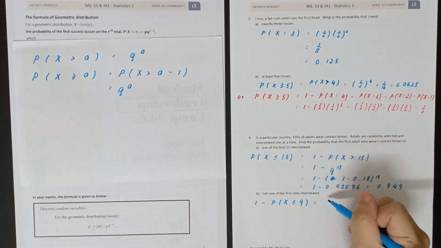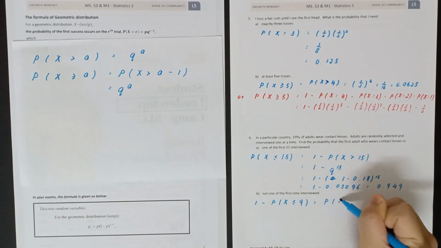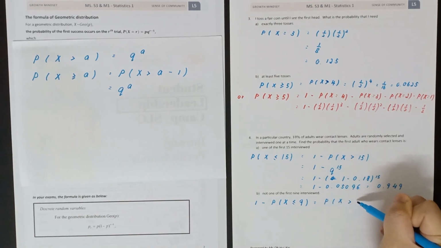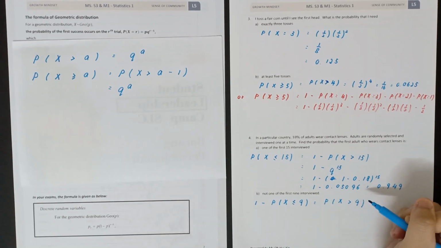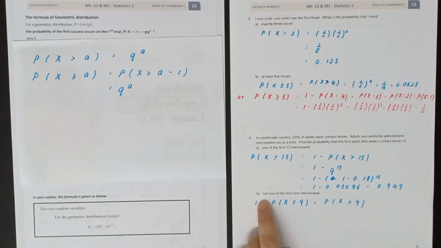It's basically that you need more than 9 people before you get the first success. In other words, you need more than 9 people interviewed before you can get the first success. This is what not one of the first 9 means.